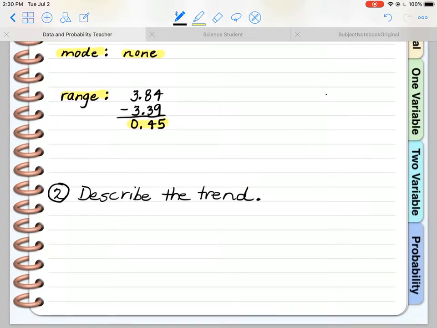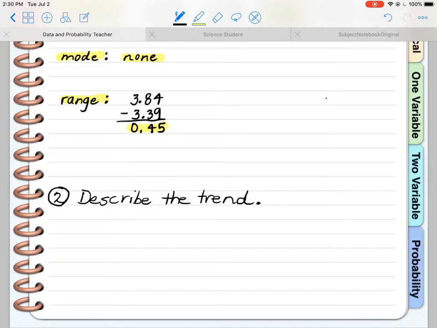The trend we've already talked about. Remember, this is a positive trend, a negative trend, but ours is a variant trend because it's not positive or negative. It varies from week to week. So I would describe it as variant or variable. I don't think the test would use this term, but it could.